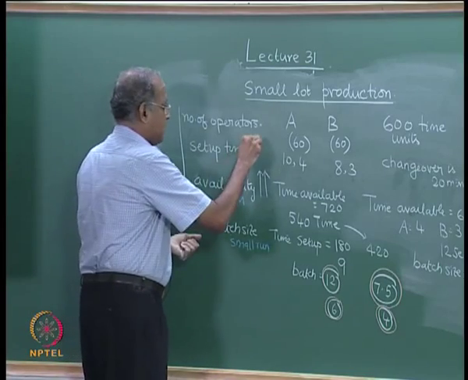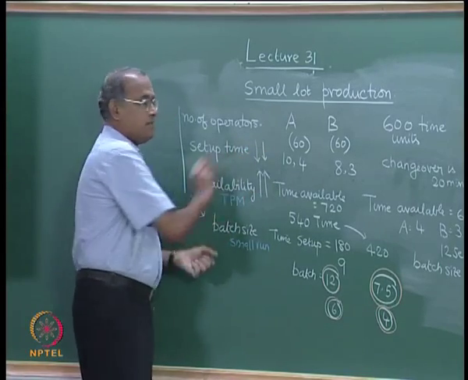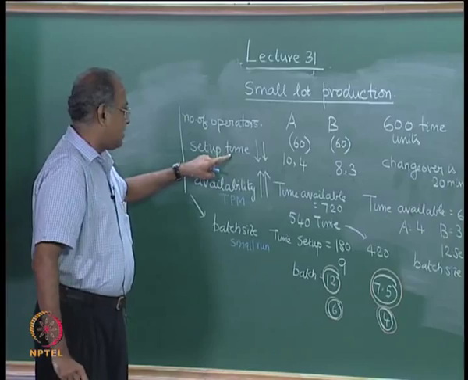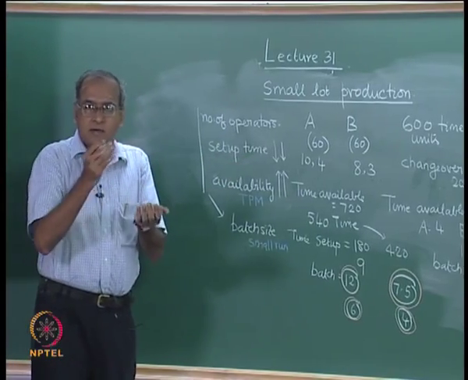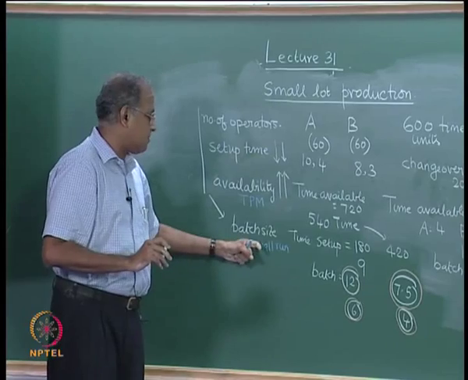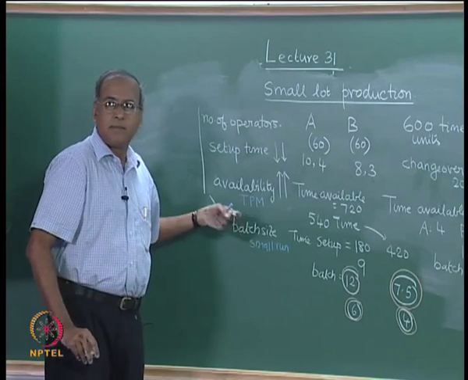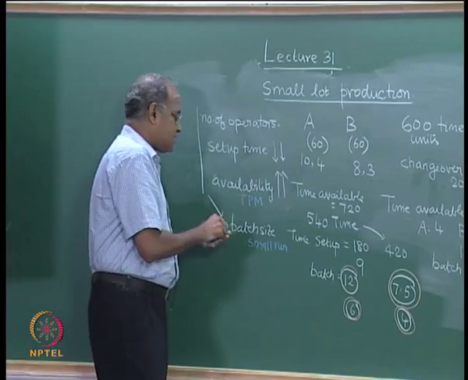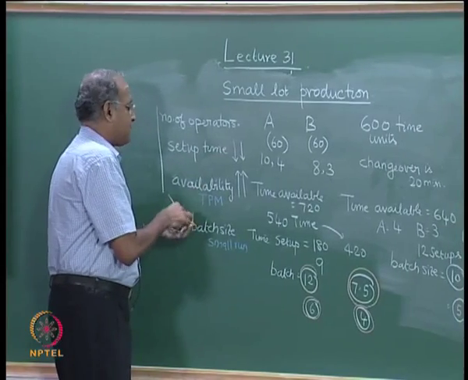Reducing the setup times creates extra time available for setups, because of which smaller runs are possible and the batch size reduces. So, there is always effort in setup time reduction.